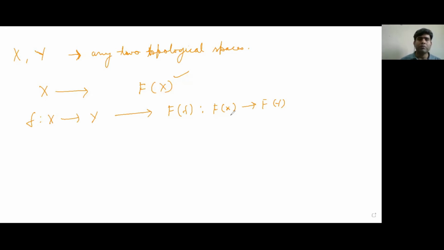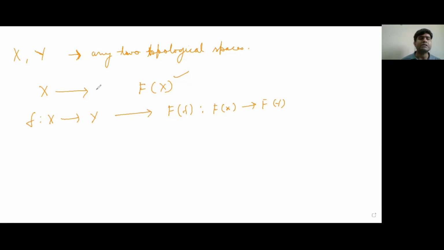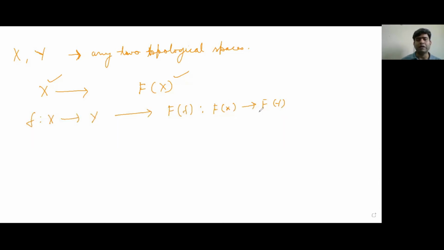Mostly this association reflects only a particular aspect of the topological space. The converse is not true: if F(X) and F(Y) are equivalent, then X and Y may not be equivalent.